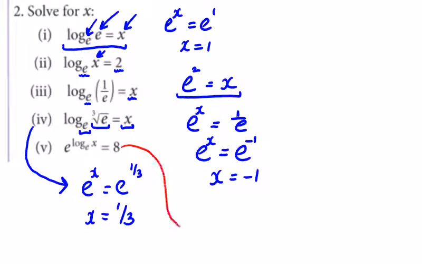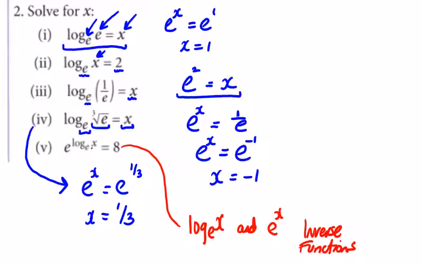In number 5, we have e to the power of log of x to the base e. Now, the log of x to the base e and e to the power of x are inverse functions. If you have a bit of time, maybe graph them.